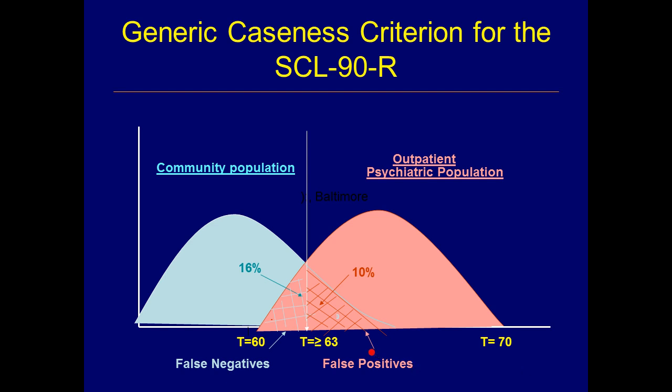And basically it is a T-score on the Global Severity Index greater than or equal to 63. And we used the community norm of about 1,000 people and overlaid it with the psychiatric outpatient norm, and then did the specificity and sensitivity cuts. So you can use this if you don't have one that you've developed locally, but by all means, you should develop a local norm to do this.